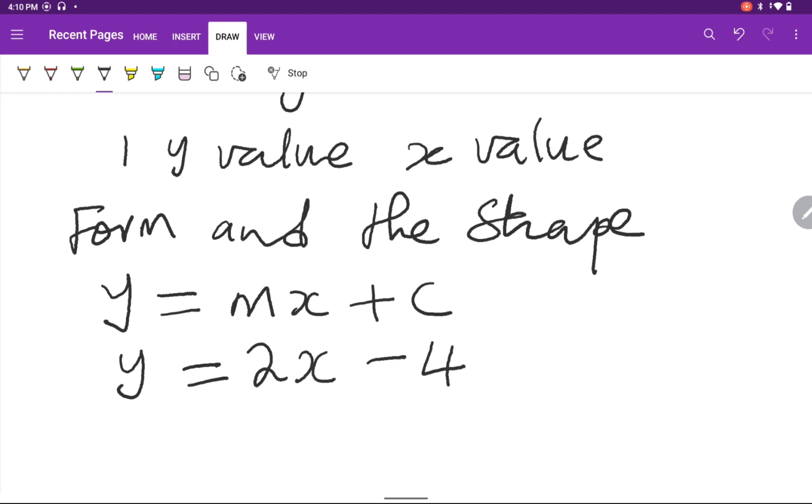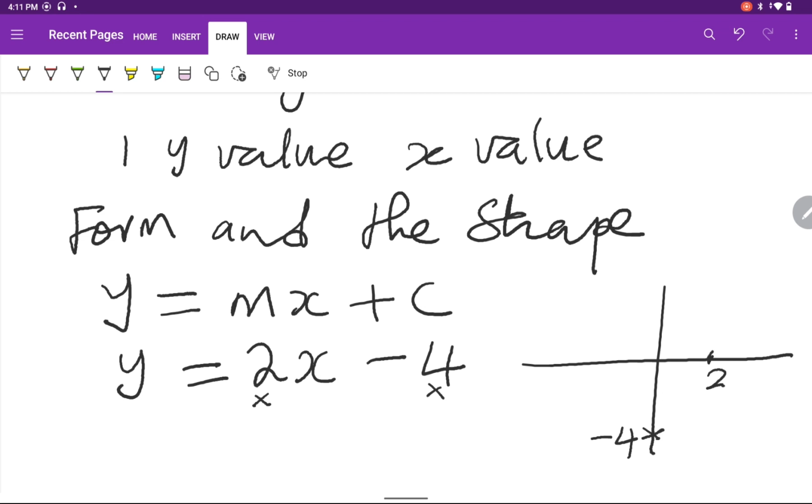So if both m and c are there, then our graph is going to have both intercepts. That is, it's going to cut the y-axis probably at negative 4 and the x-axis probably at 2.